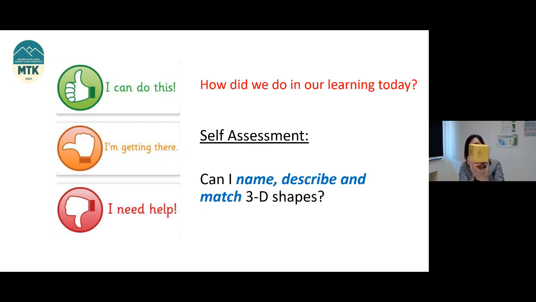Can you describe the cube? So a cube has 6 faces, 12 edges, and 8 vertices. Well done. How about the cylinder? A cylinder has 1, 2, 3 faces, 2 edges.